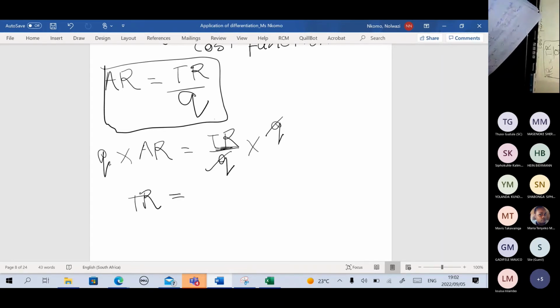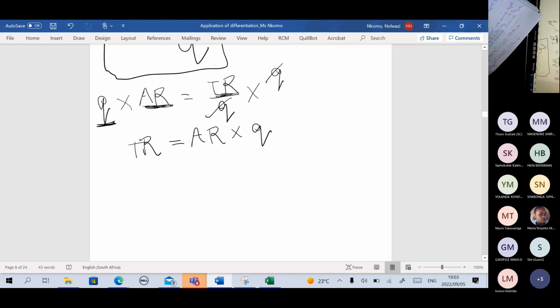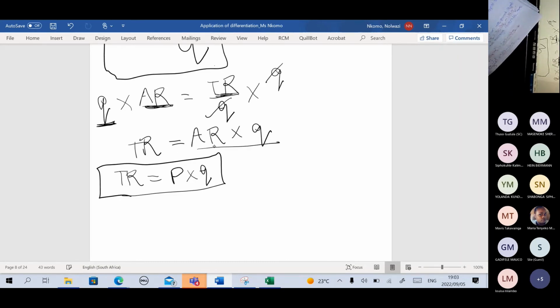And total revenue would be average revenue multiplied by Q. Remember that the total revenue is equal to the demand function times the number of units demanded, right? So we have the total revenue is equal to the average revenue times Q, and we know that the total revenue is equal to PQ.